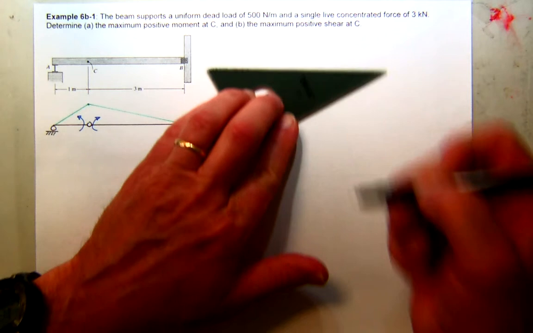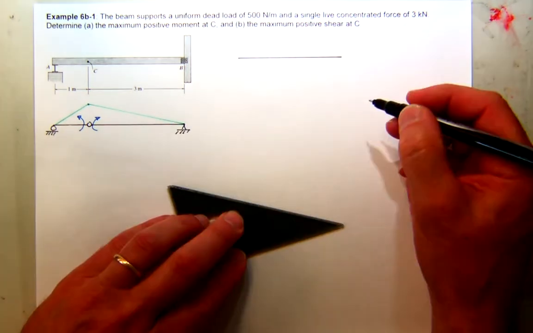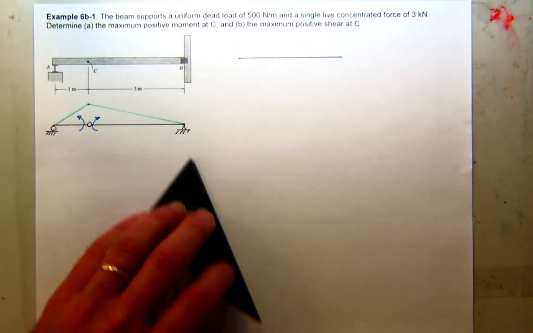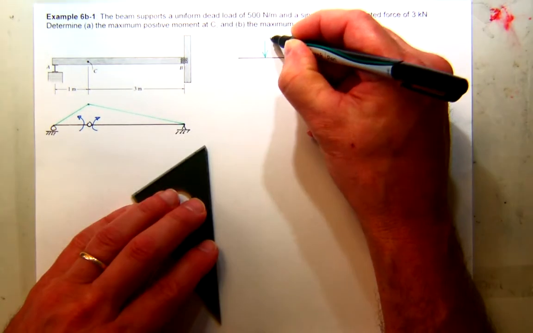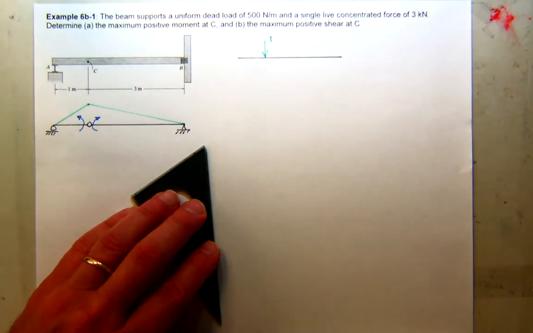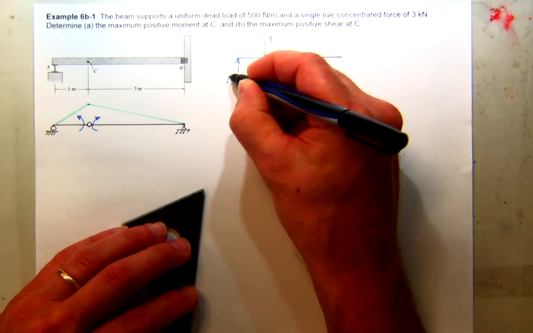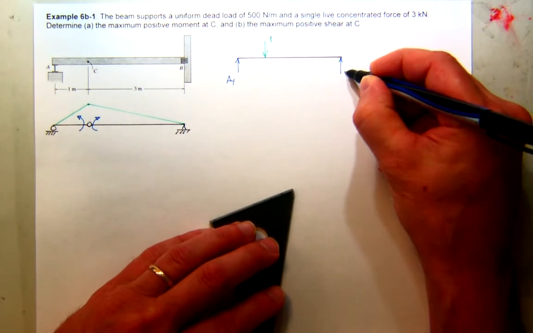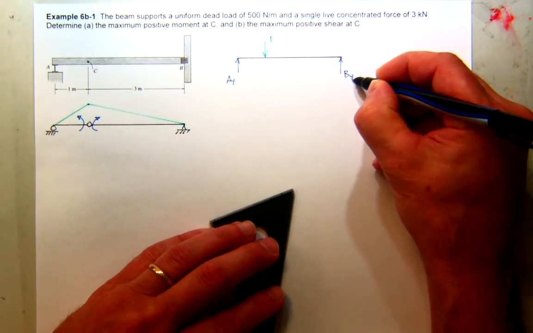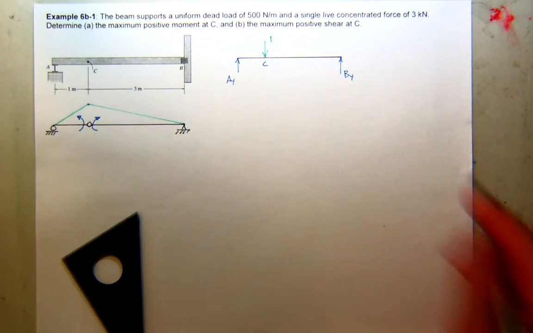So the way we've been solving these problems is we come back, we draw the structure, we put our unit load at C, and I'm looking at reactions at A and reactions at B. And don't forget, this is the point C. And I'll go ahead and put those dimensions in here.